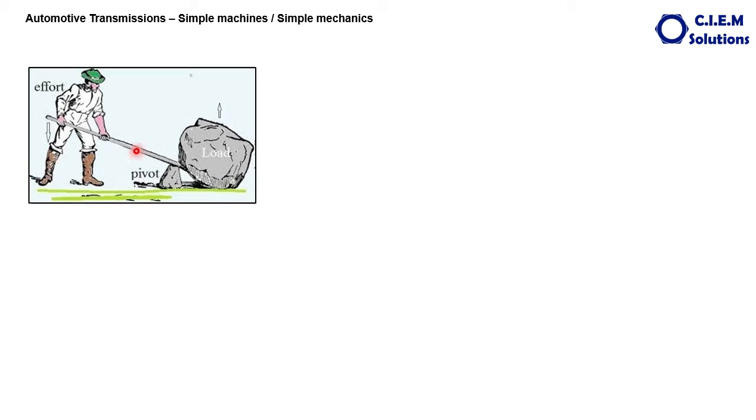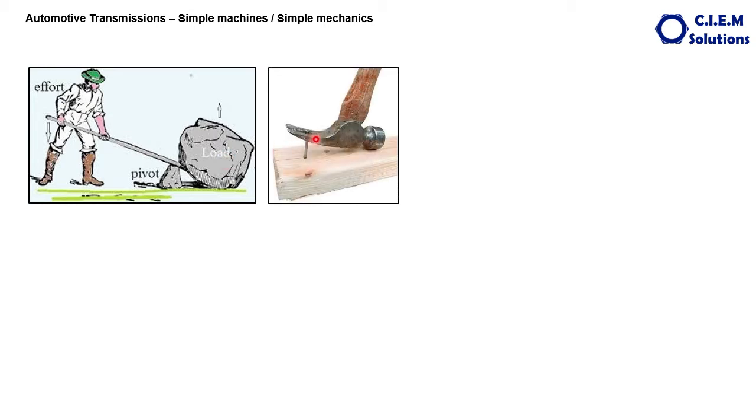Observe this figure. This man is lifting a very heavy boulder with the help of a lever. The force applied by him is much lesser than the boulder being lifted. A person is driving out the nail with the help of a forked hammer, applying the force at the end of the hammer handle.